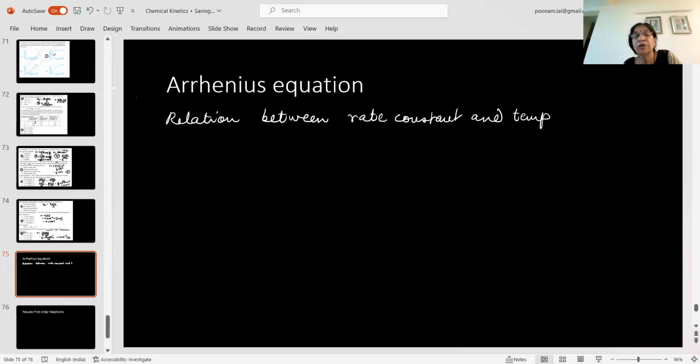So this was the equation suggested by Arrhenius, so we call it the Arrhenius equation. He suggested this relation between the rate constant and temperature. How does the rate constant increase with increase in temperature?